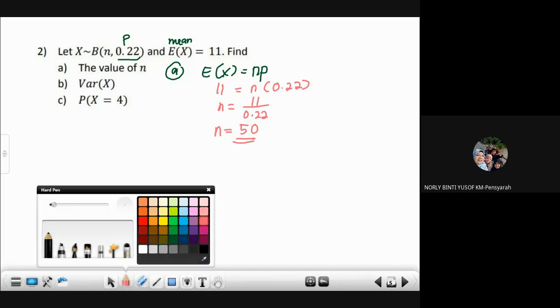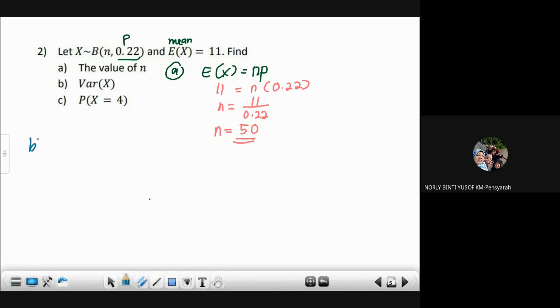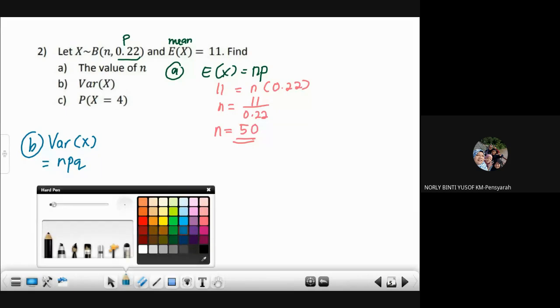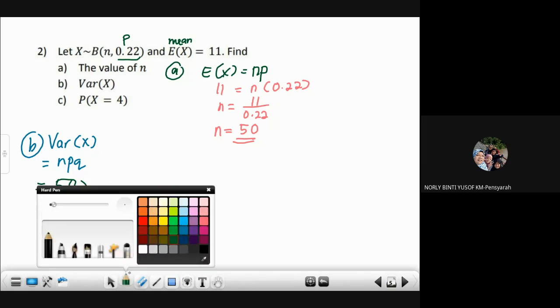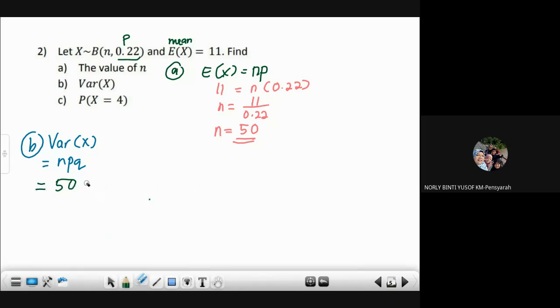Okay. And then for B, nak cari variant X. So sama, dah tahu dah n tu berapa. So NPQ. So just insert the formula for the value 50 times with your P and also your Q. So P dia adalah 0.22, Q dia adalah 0.78.